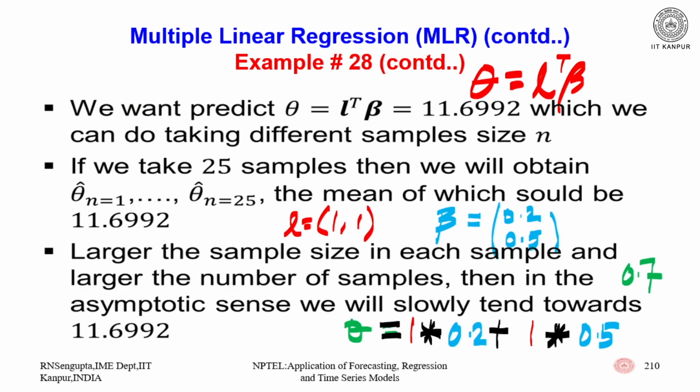We can do this by taking different sample sizes of n, and here is what is important. If you remember, I had mentioned that the estimate beta hat in the long run is equal to beta, which is unbiasedness, and it has been proved. So, rather than proving it theoretically, let us consider a big data size of 20,640.